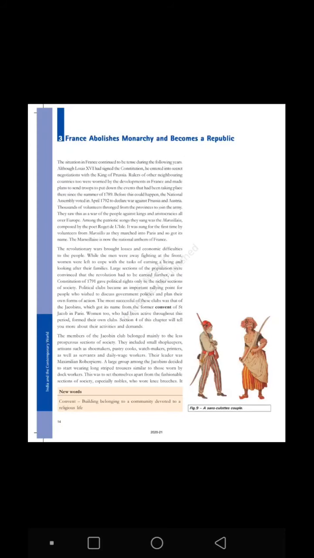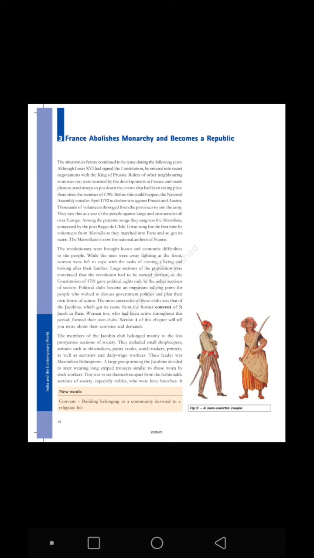France abolishes monarchy and becomes a republic. The situation in France continued to be tense during the following years. Although Louis XVI had signed the constitution, he entered into secret negotiations with the king of Prussia.